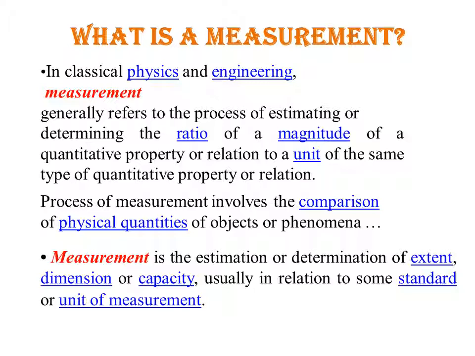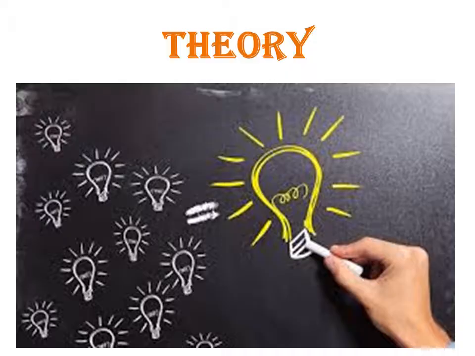That means we are going to compare the process or the system which we are measuring with a known standard or unit of measurement. So, measurement is the estimation or determination of extent, dimension or capacity in relation to some standard or unit of measurement. There are various units of measurement available and we can use those units of measurement for the comparison. So, this is the definition with the measurement.